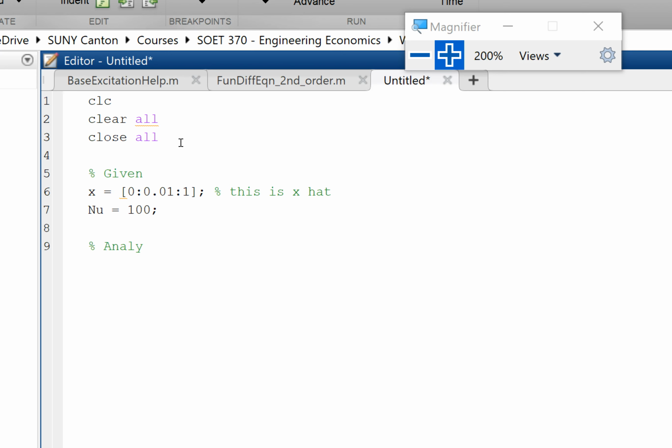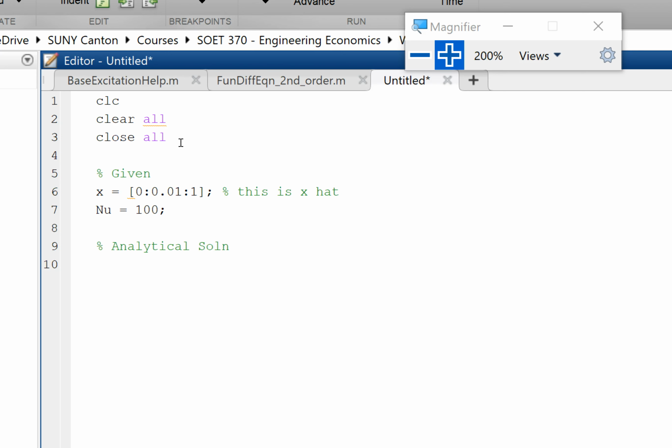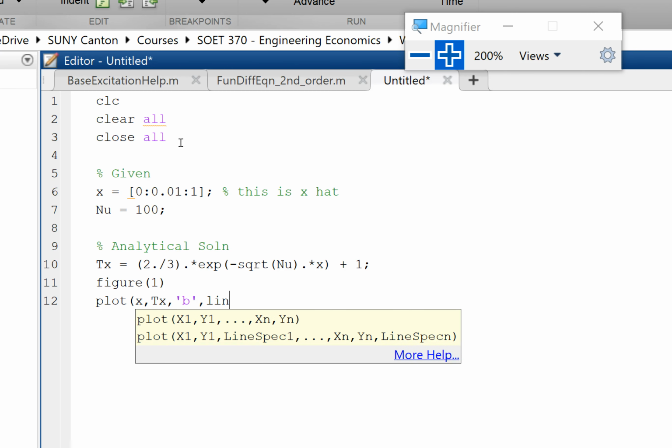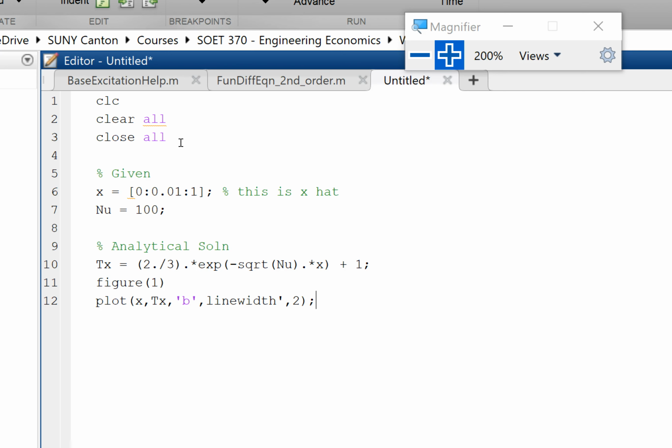And the analytical T of X is 2 divided by 3 times exp of negative square root of Nusselt number, times X, plus 1. Figure 1, plot X versus T of X, comma B, line width 2. And then go ahead and run that to make sure it works.